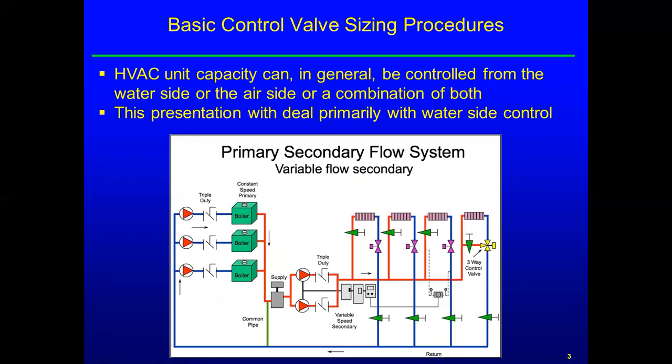The picture is of a primary secondary system with variable secondary flow with VFDs, and we have a presentation after this one that goes into primary secondary systems. So we're not really in a position to discuss this much at this time.